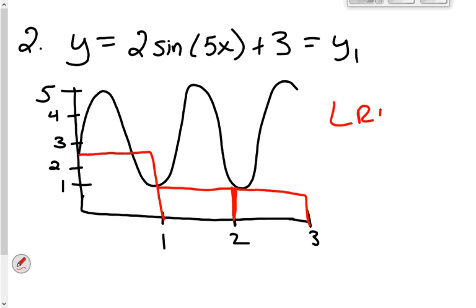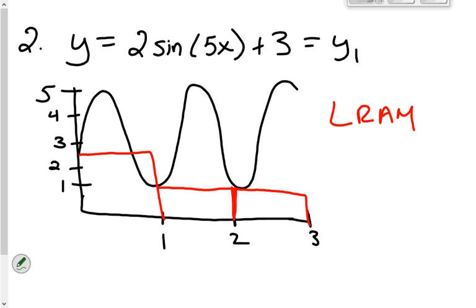So this is LRAM. No matter how long I make my x-axis, it's going to keep underestimating. But what could I do to make it not underestimate? Increase the subintervals, which we're not going to do right now. That's part of another problem.